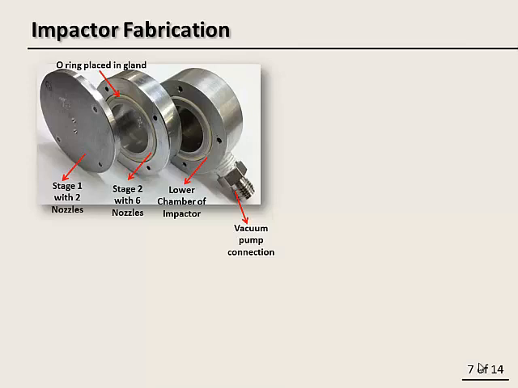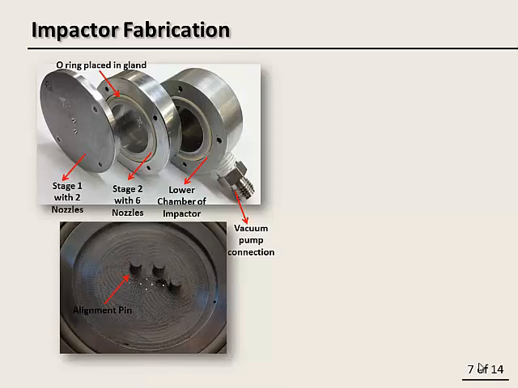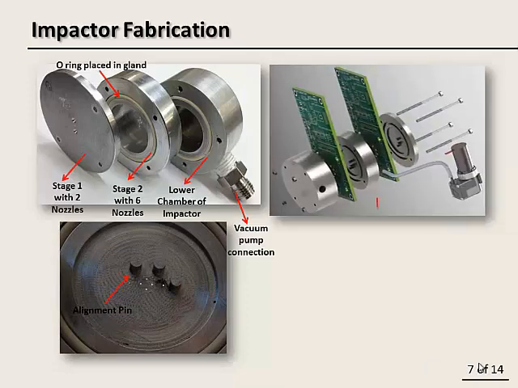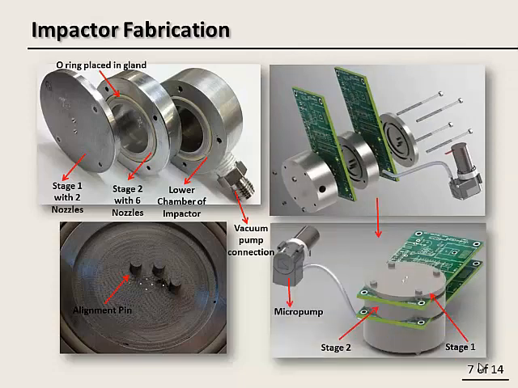The second stage has 6 nozzles, each with 100 micrometer diameter. These are the alignment pins that we will later use to align the MEMS chips with the nozzles. And here you can see the exploded and also the assembly view of our whole system in SolidWorks.